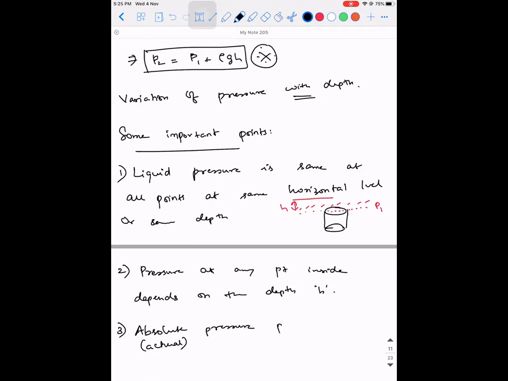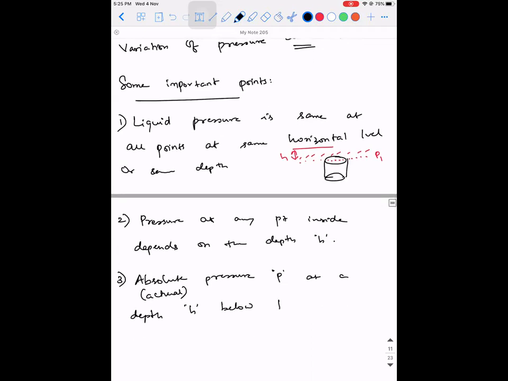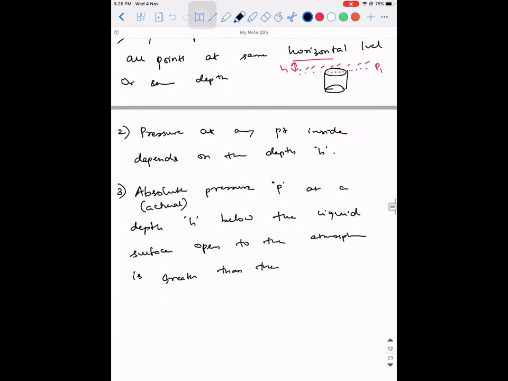So absolute pressure P at a depth H below the liquid surface, which is open to the atmosphere, is greater than the atmospheric pressure by an amount rho GH.